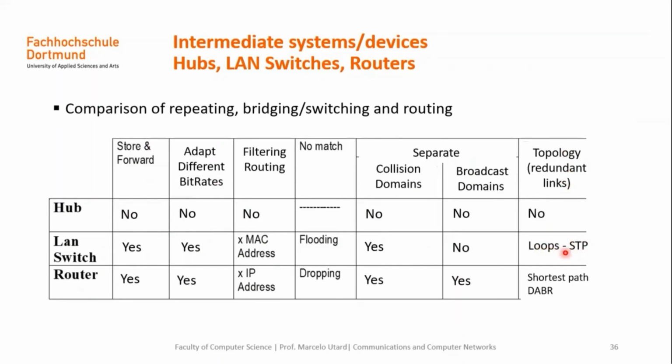And in that way, we transform the topology of the network with redundant links into a tree topology that hasn't loops.